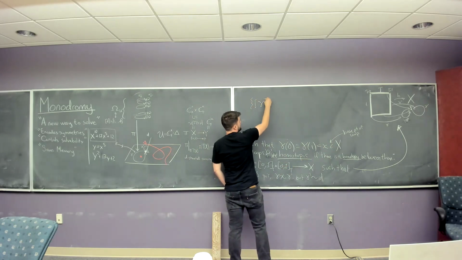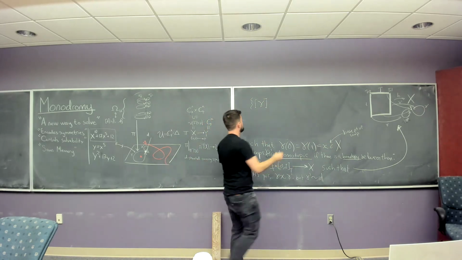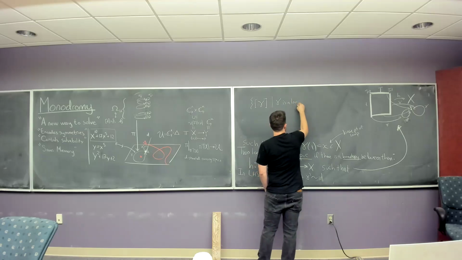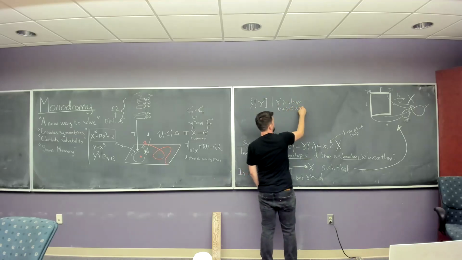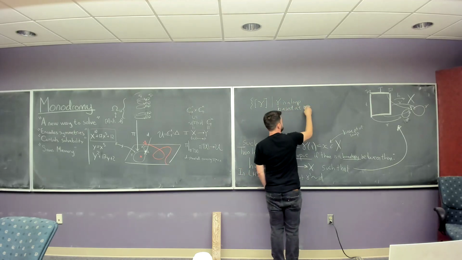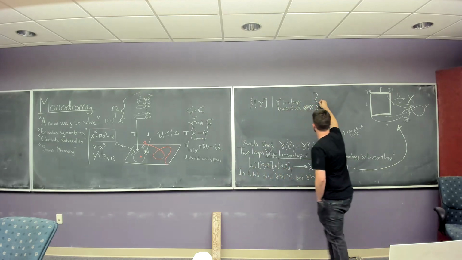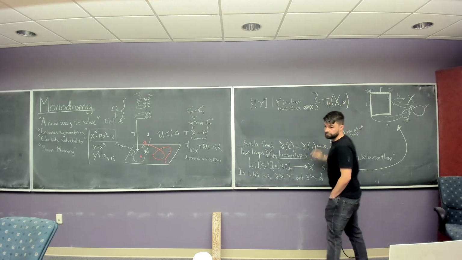We would write the equivalence class of such a loop with brackets as usual. Everything should be based at some fixed point, little x maybe. It's going to be a set that we write as pi 1 of big X, little x.